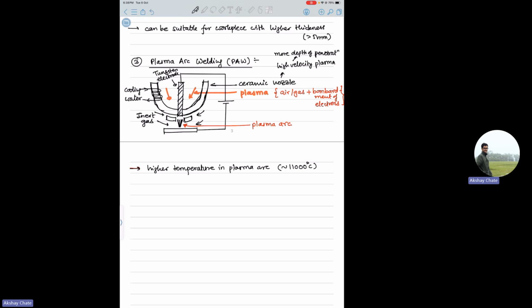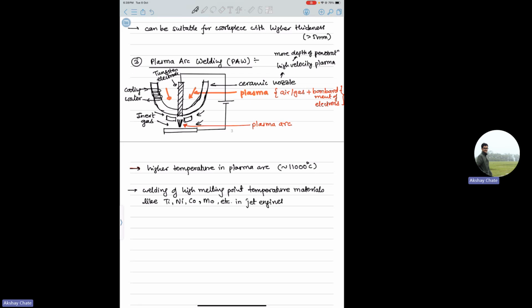The important applications for this technique, apart from whatever we discussed, is welding of high melting point temperature materials like titanium, nickel, cobalt, molybdenum, etc. in jet engines.